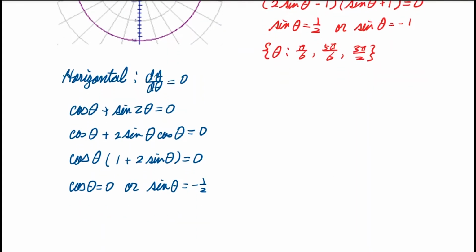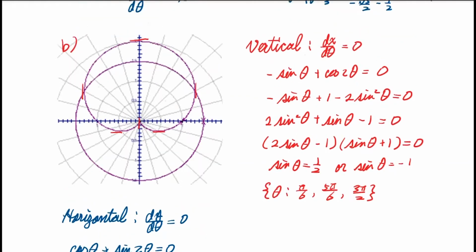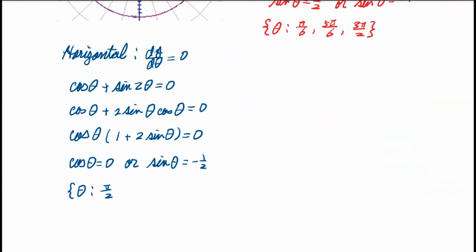Okay, so now the solution set. This one is, of course, pi over 2. Good. That one right here. And this one, 7 pi over 6. Good.